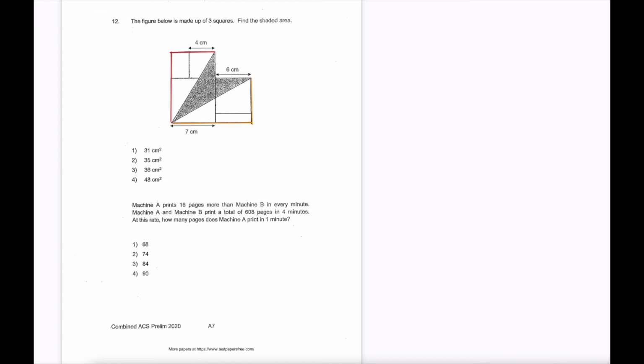Okay, I'll show you why. So I'm going to name this the area of the bottom. Okay, this is the bottom triangle and this is the top triangle. Okay, so what's the area of the bottom triangle?